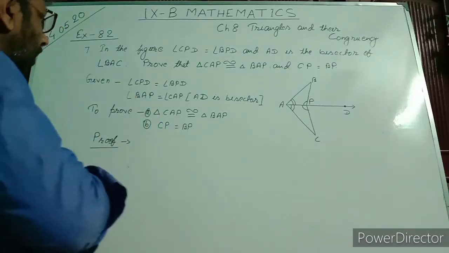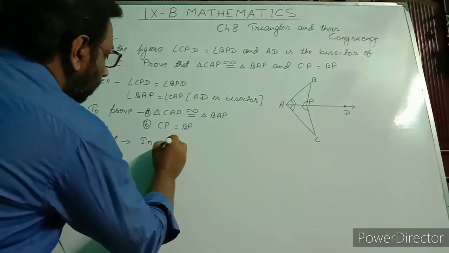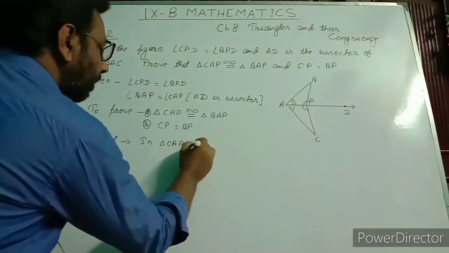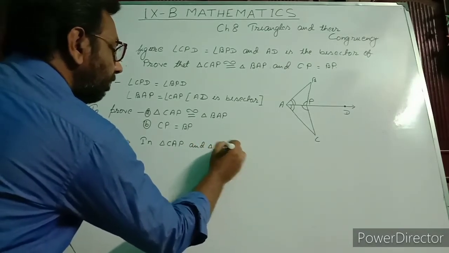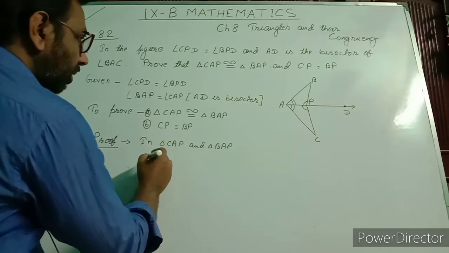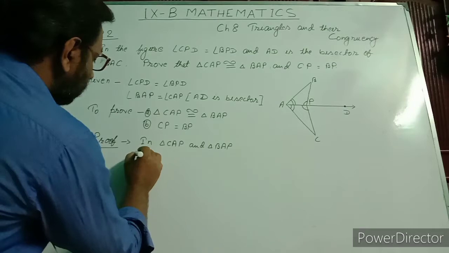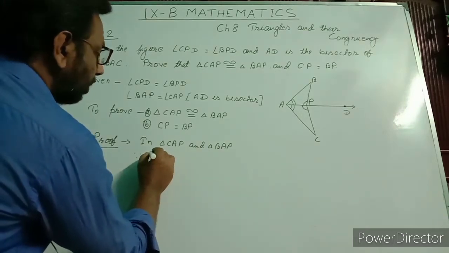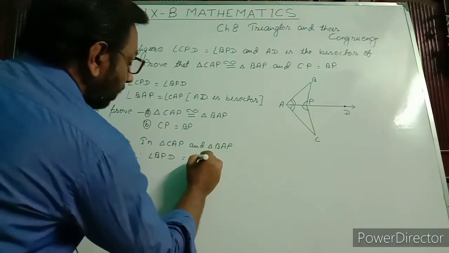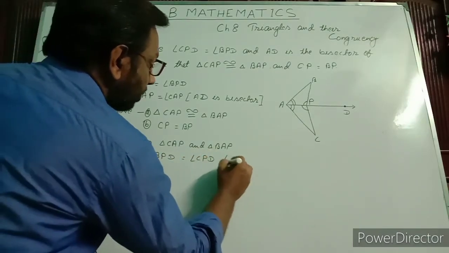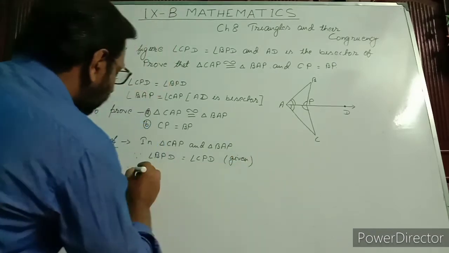Now, we write in triangle CAP and triangle BAP. The first condition that we will find from here, since angle BPD is equal to angle CPD, this is given. From this condition we shall find one more condition.